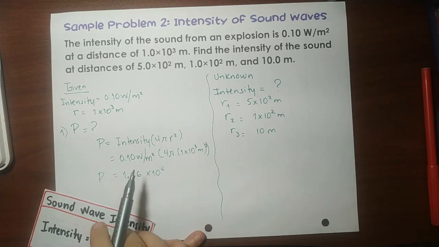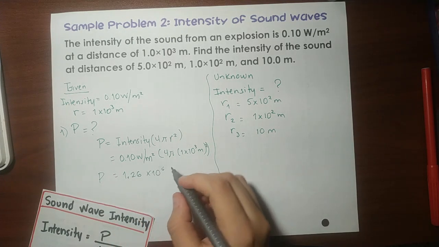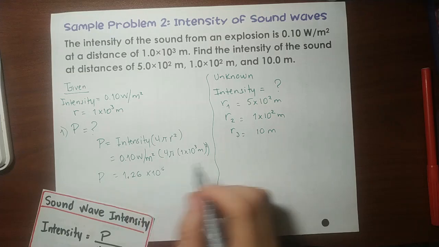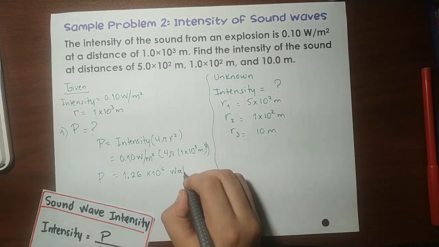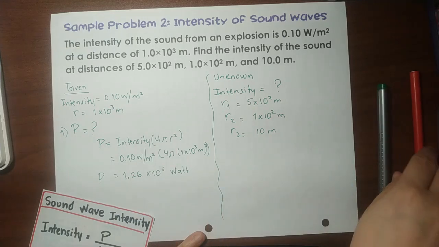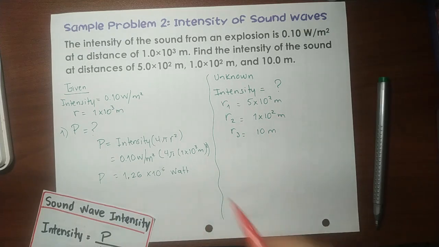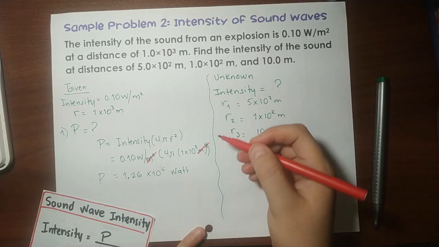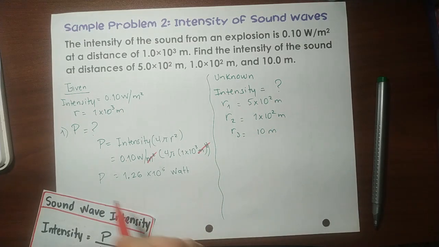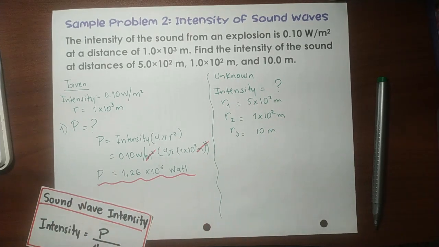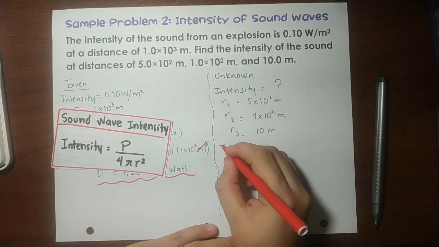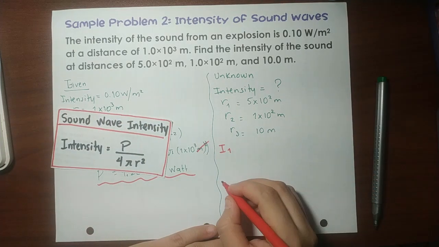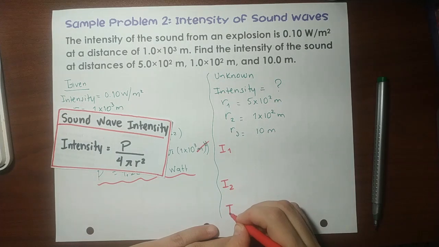Okay, I did my correction and my power turns to be 1.26 rounded times 10 to the 6th power watt. Or you can just write W, it's the same. Now meters and meters square are going to be cancelled here. Now that you have your power, you're able to calculate the intensity 1, intensity 2, and the intensity 3.